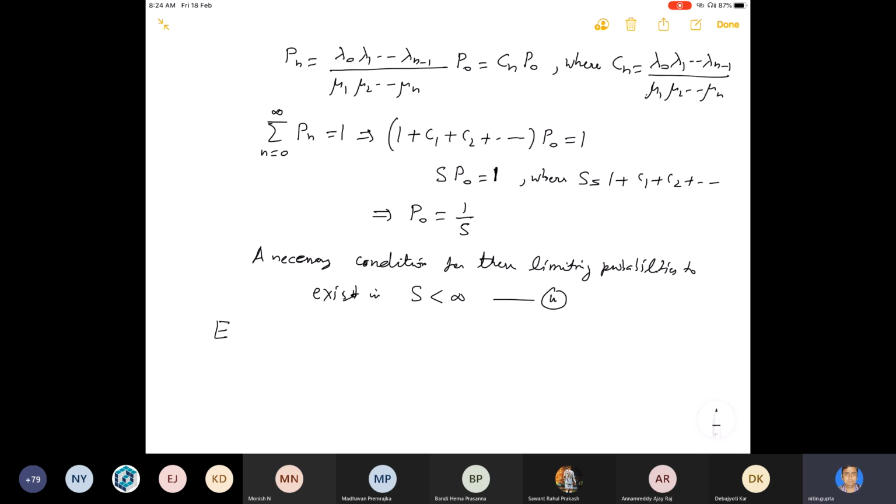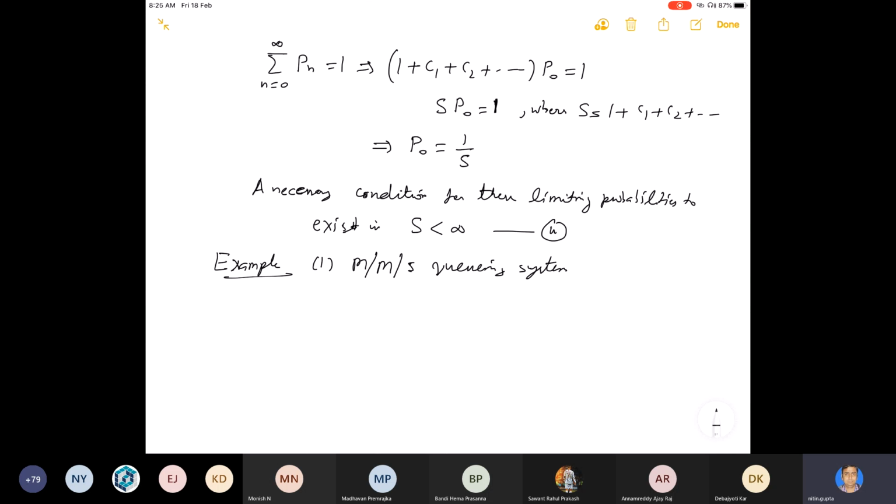So let us take some example when the limiting probability will exist. Let us take the M/M/S queuing system. That means inter-arrival times are exponential, so the arrival is according to the Poisson process, and services provided at the servers are according to the exponential distribution.